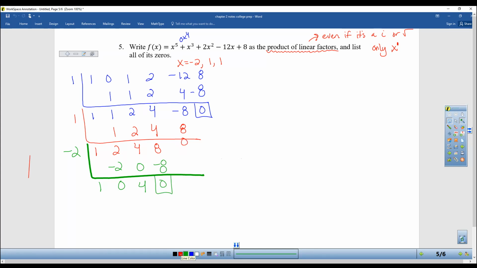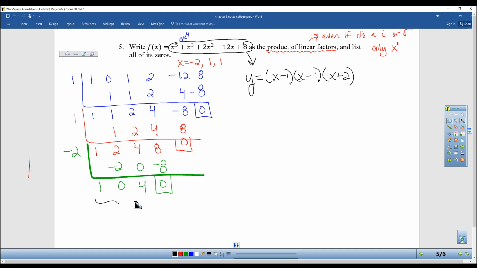So see how I got the 3 zeros? So this lets me know that I did everything correctly. So far, I can tell you that this function right here can be rewritten as x minus 1 times x minus 1 times x plus 2.